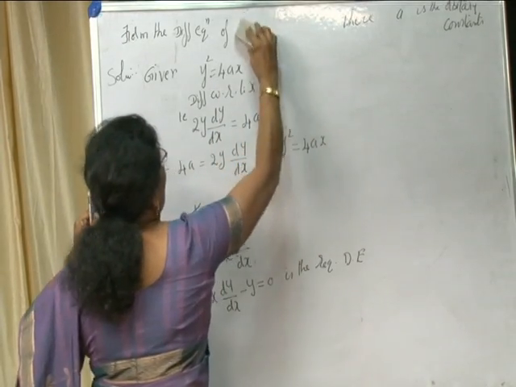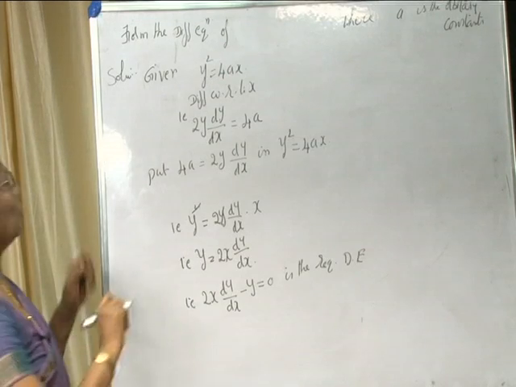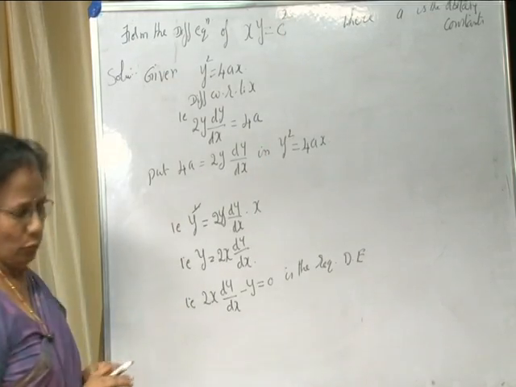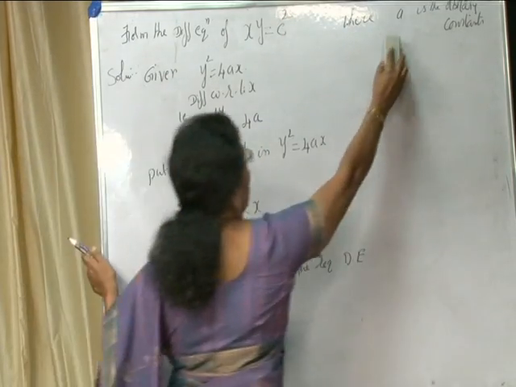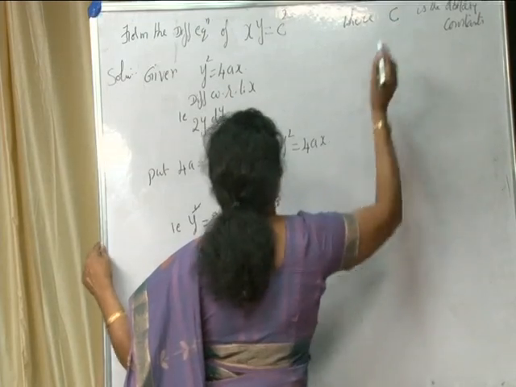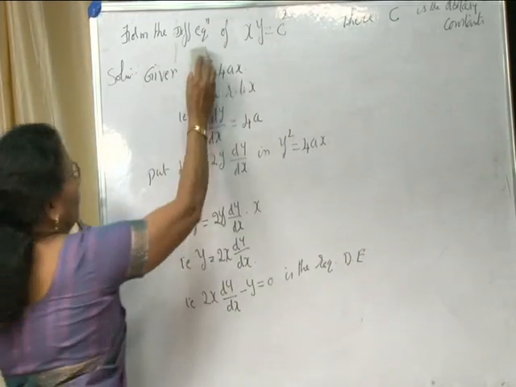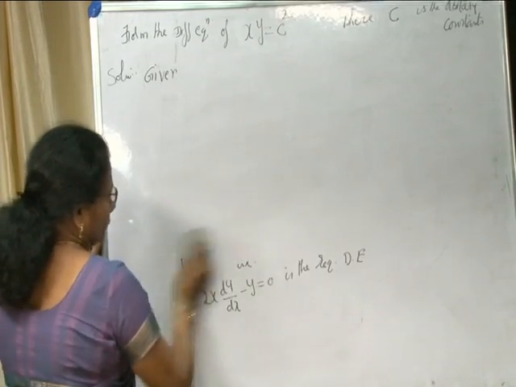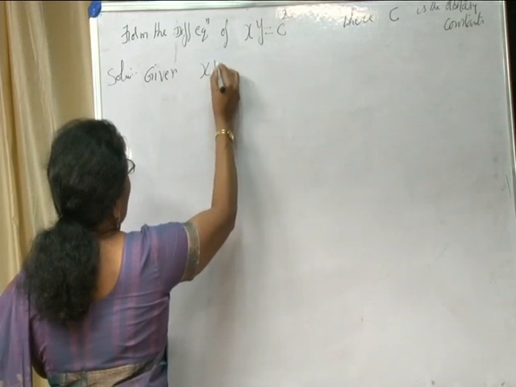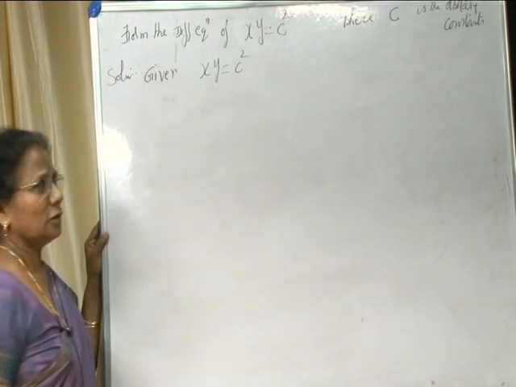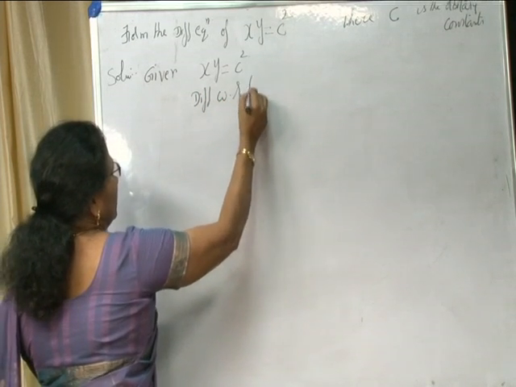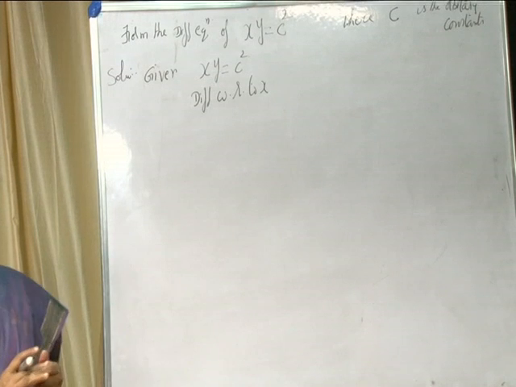So another one which is very simple. Form the differential equation of xy is equal to c squared, where c is the arbitrary constant. Given xy is equal to c squared, differentiate with respect to x. x into y, it is a product.